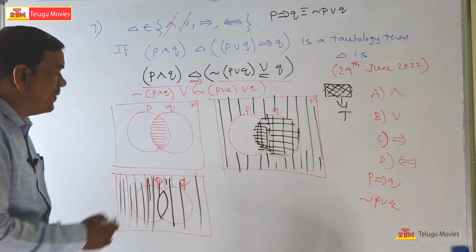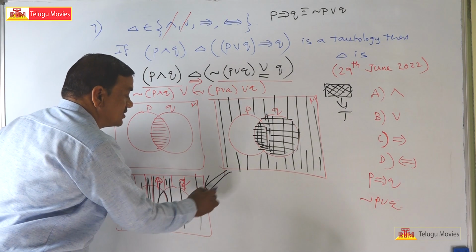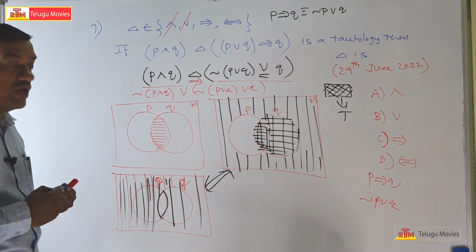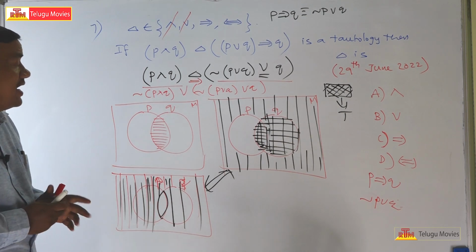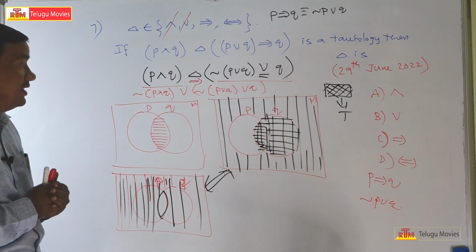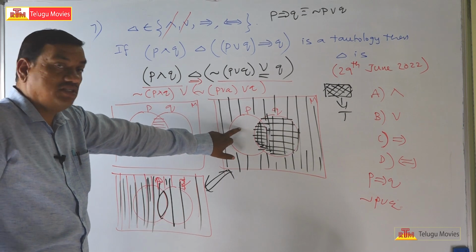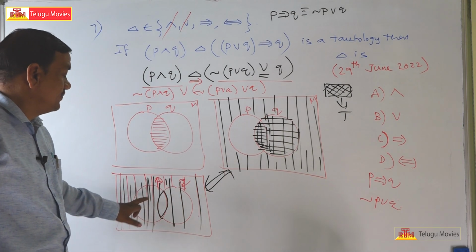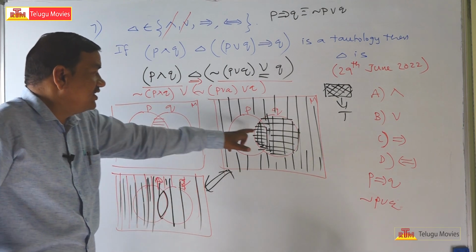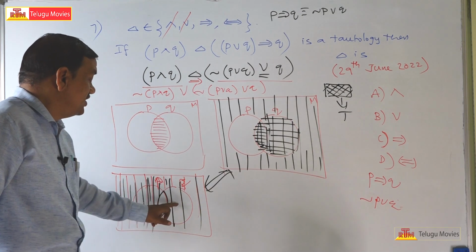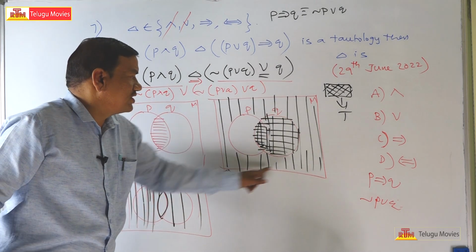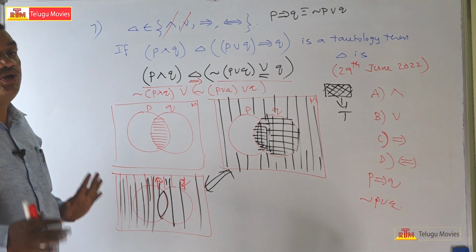So if you superimpose these two diagrams, is any part empty? See here, this part is shaded, this part is shaded, and here also. This total outside part is also shaded. So what do you observe?